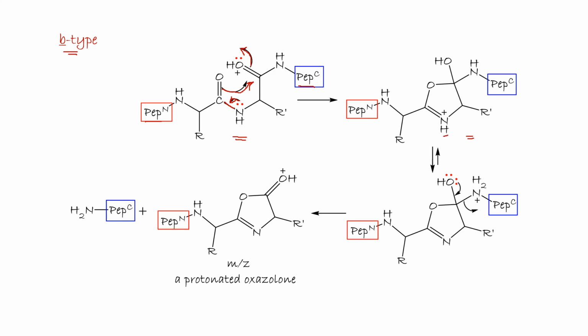Transfer of this hydrogen from that nitrogen to that one will form a cation on this nitrogen. A lone pair will go down and kick this part out as a neutral species, forming the protonated oxazolone species, which is charged and will be seen in the mass spec. This part will not be seen in the mass spec, it's neutral.